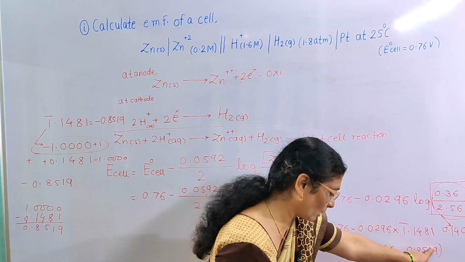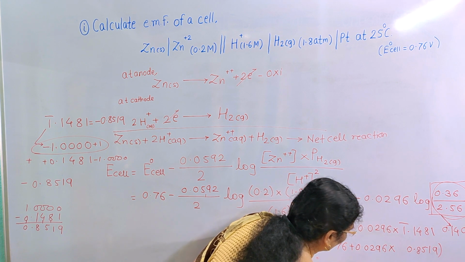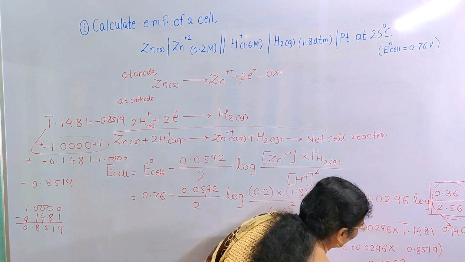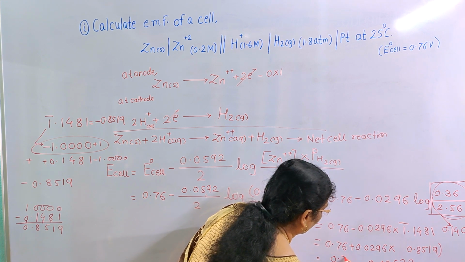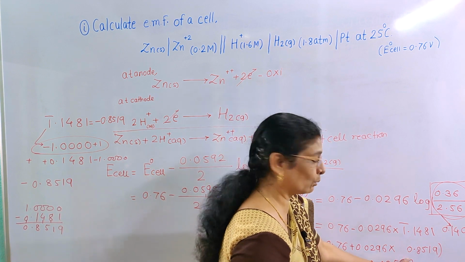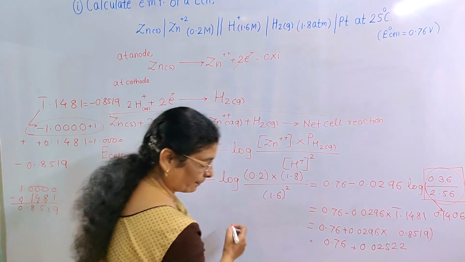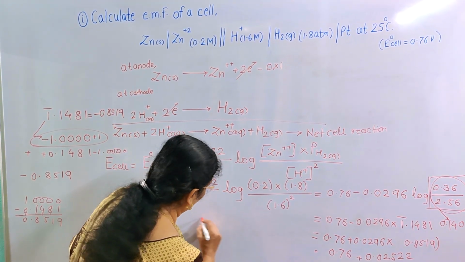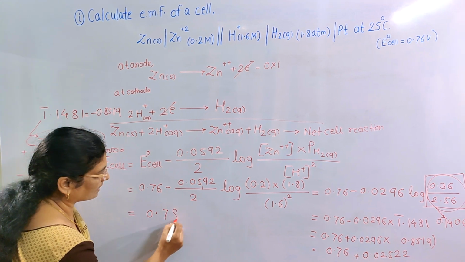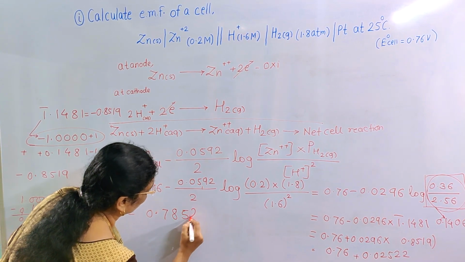Again using the log table, this value is equal to 0.02522. So 0.76 plus 0.02522. If you calculate this, E cell is equal to 0.7852 volt.